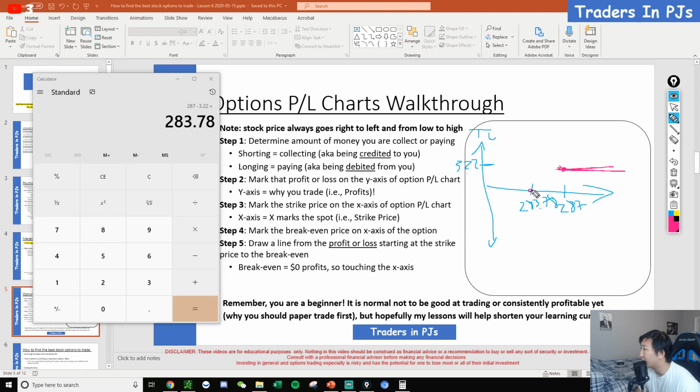Then you put a little dot at the break even, because break even means 0 profit. You connect that. Then after that, infinite money you can lose. So if it's $1 below 282.78, you would lose $1. Hopefully that makes sense. How did you get 283?